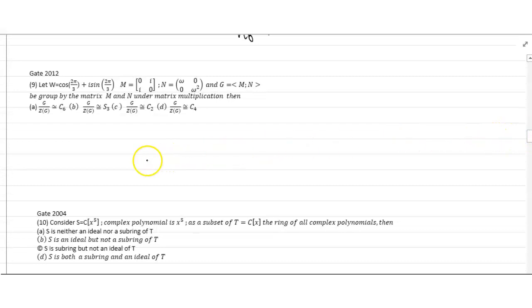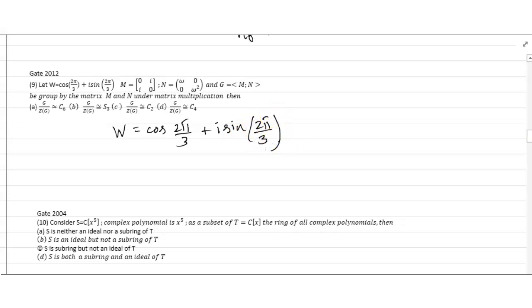Next problem, friends, GATE 2012. W is equal to cos 2 pi by 3 plus i sine 2 pi by 3.